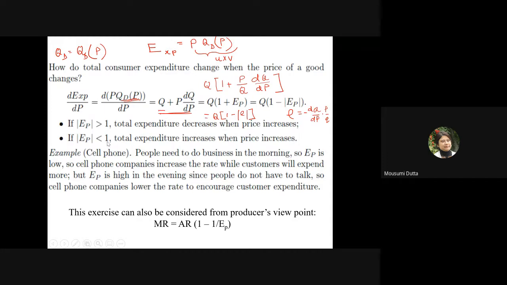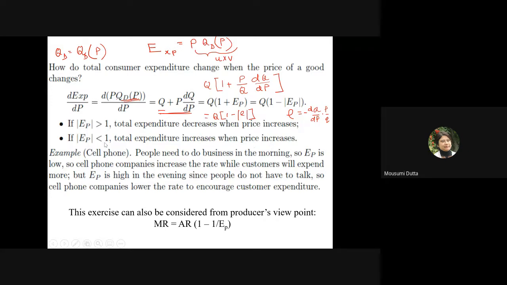Alternatively, if the price elasticity of demand is less than 1, the modulus value of the elasticity is less than 1. Here we considered elastic demand. Here we are considering inelastic demand. So if the demand is inelastic, in other words, mod E is less than 1, total expenditure increases when price increases.